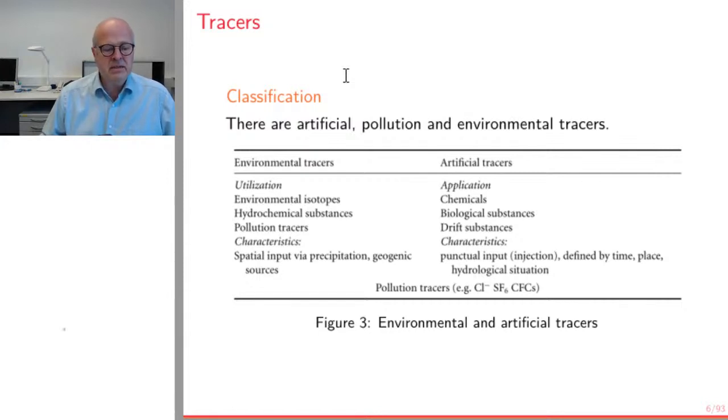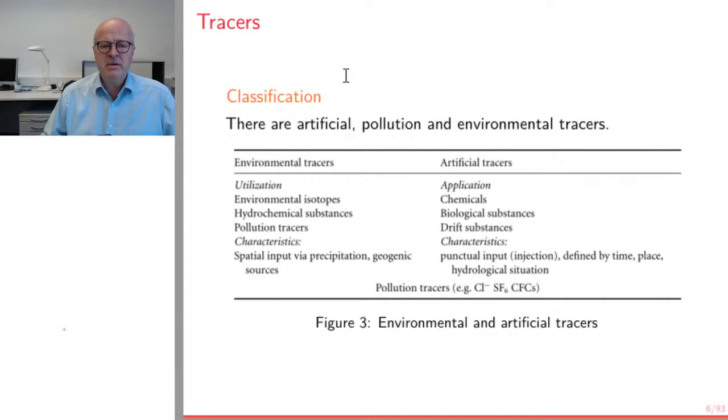These can be hydrochemical substances, so noble gases, but also hydrochemical compounds that dissolve in certain aquifers or that can be used to identify certain aquifers, like selenium, strontium, the strontium calcium ratio, the calcium magnesium ratio, chloride, the bromide chloride ratio, the boron chloride ratio.